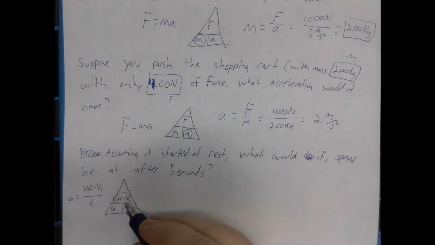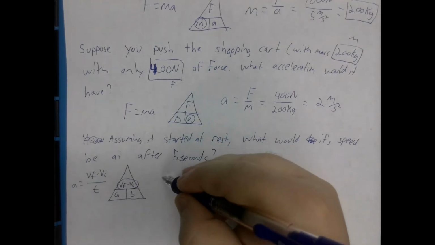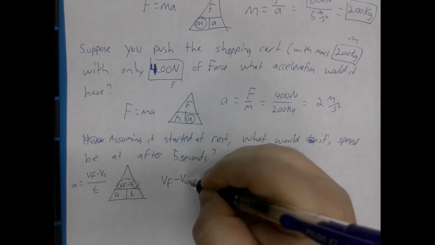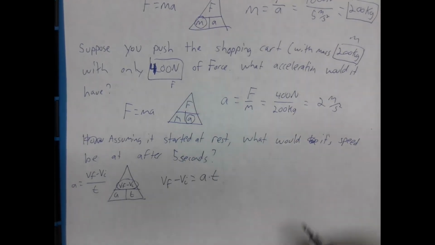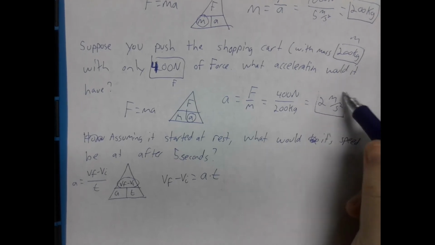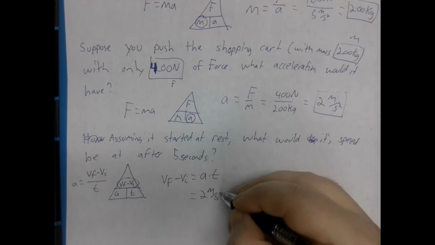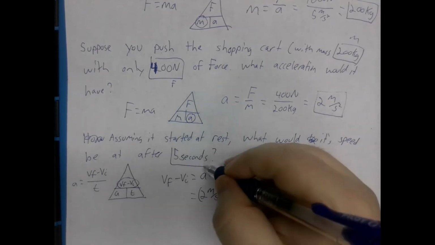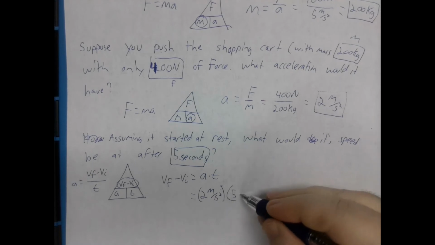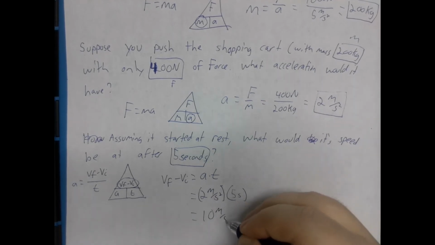We're trying to figure out how much it changed its velocity, so its change in velocity is equal to acceleration times time. We already calculated that the acceleration is 2 meters per second squared, and our time is 5 seconds. So its final speed would be 10 meters per second.